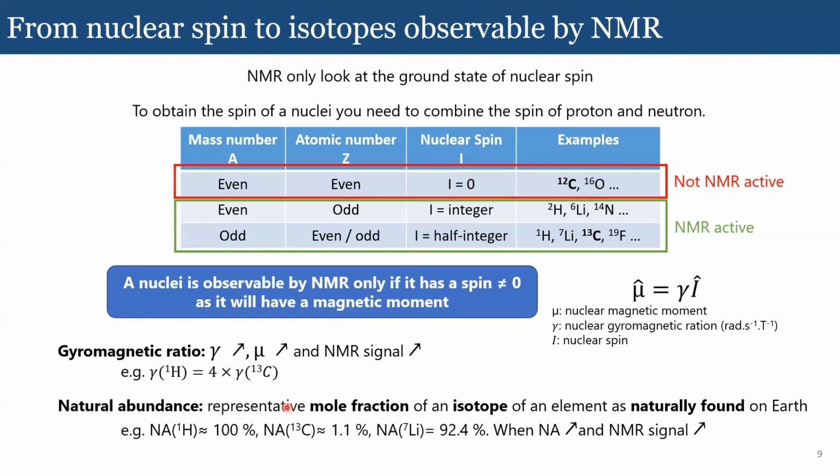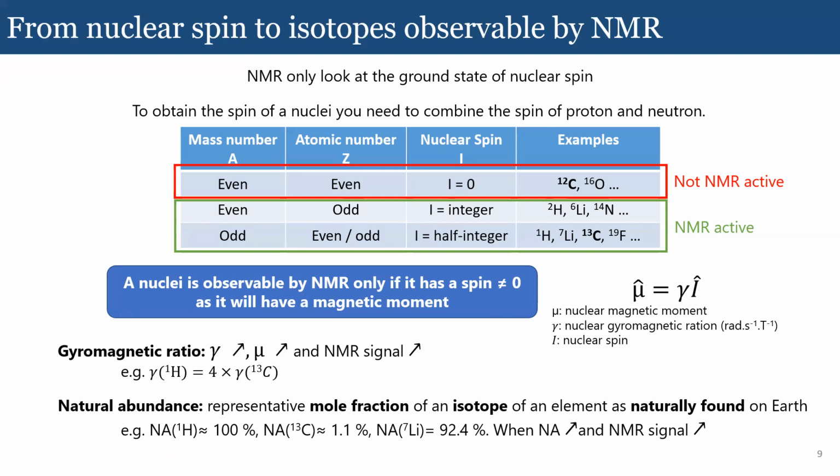Apart from the gyromagnetic ratio, you have another very important property of an isotope, and that's its natural abundance. This is a representation of the mole fraction of an element that is naturally occurring. For example, if you take the proton, it's almost 100% abundant.